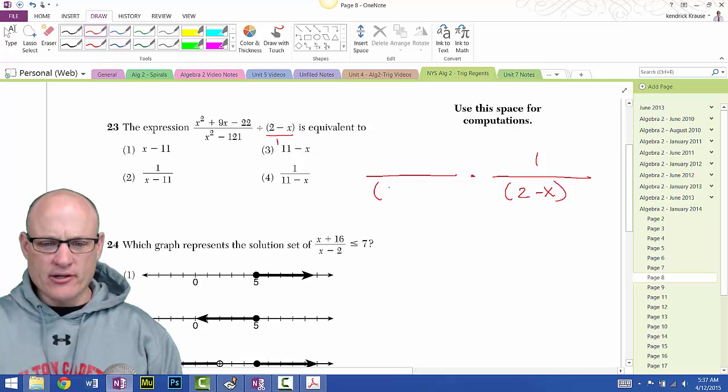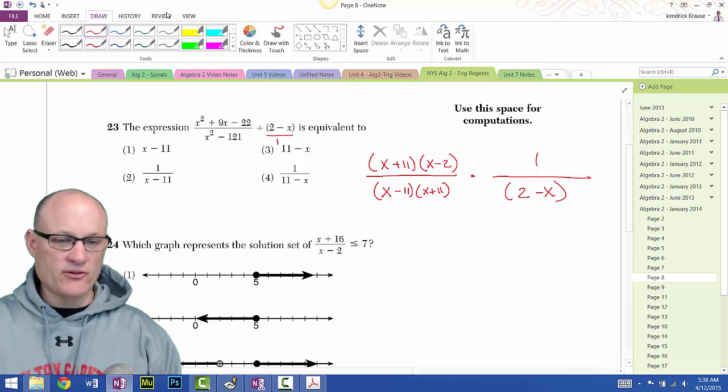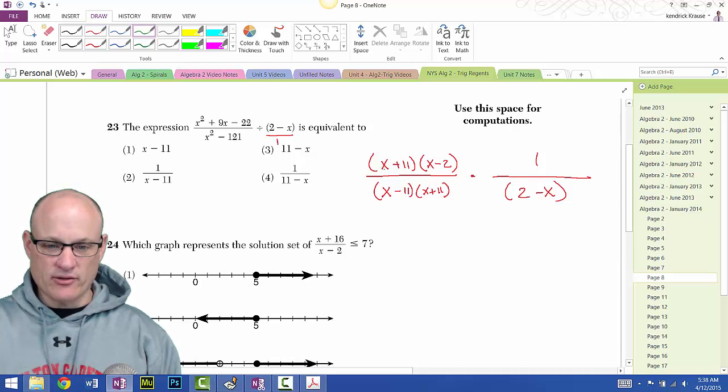The denominator here is x minus 11, x plus 11. That factoring is pretty easy. And the numerator is pretty easy. It's x plus 11 and x minus 2. All right, so now I start lopping crap off. I don't think they were very nice to us in this problem.